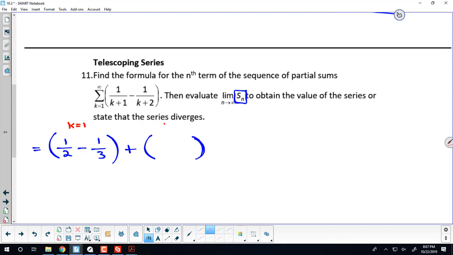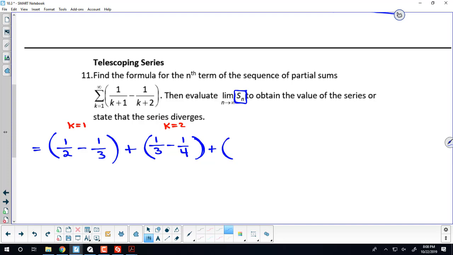When k equals 2, the next pair, or next term of the series, is 1 over 3 minus 1 over 4. So far one thing has canceled, right? You've got a negative third plus a third. Maybe we want to look at just one more of these.